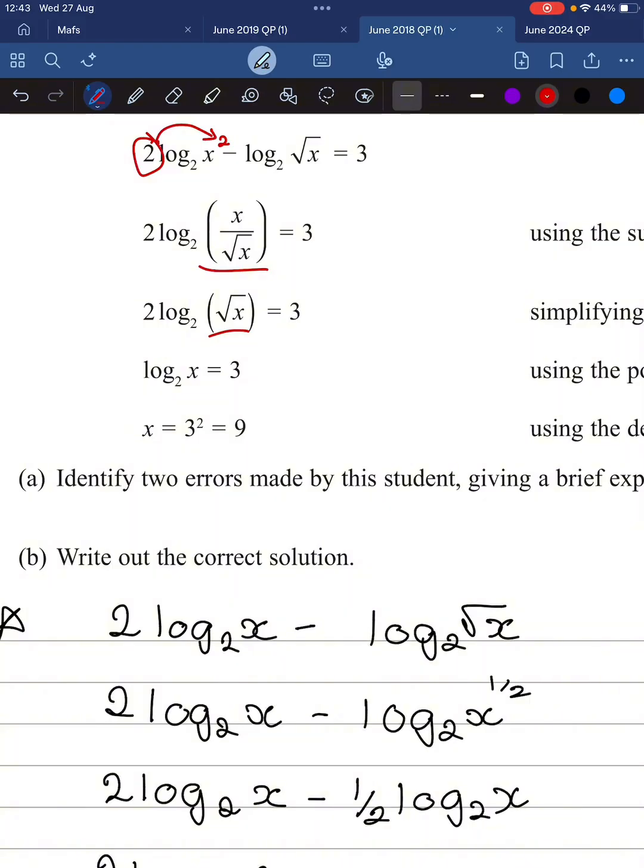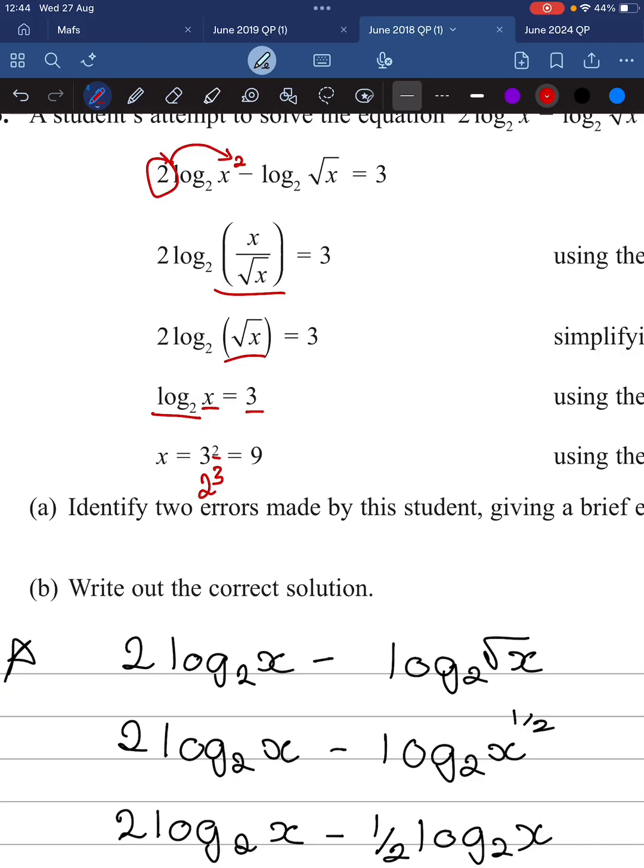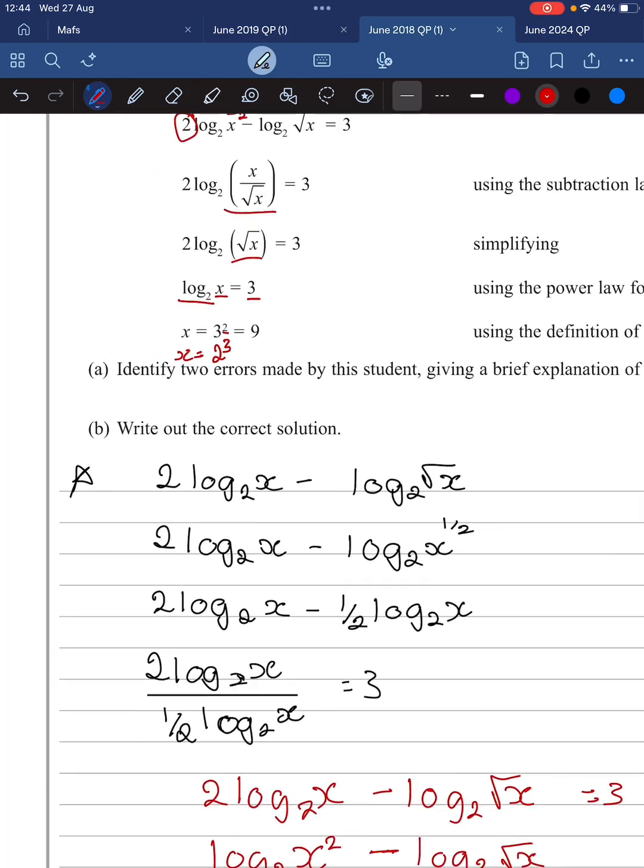So right, you see how it's log 2x equals 3? It shouldn't be 3 to the power of 2, it should be 2 to the power of 3. So that's another mistake he or she has done. So it would have to be x equals 2 to the power of 3 instead of 3 to the power of 2. So those are the 2 mistakes the student has done.